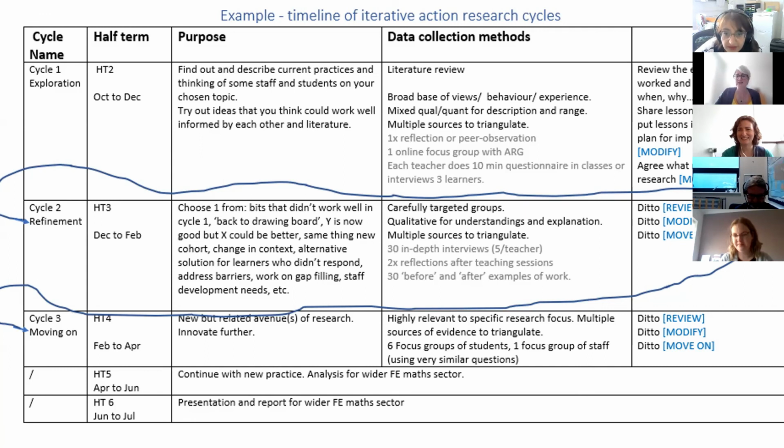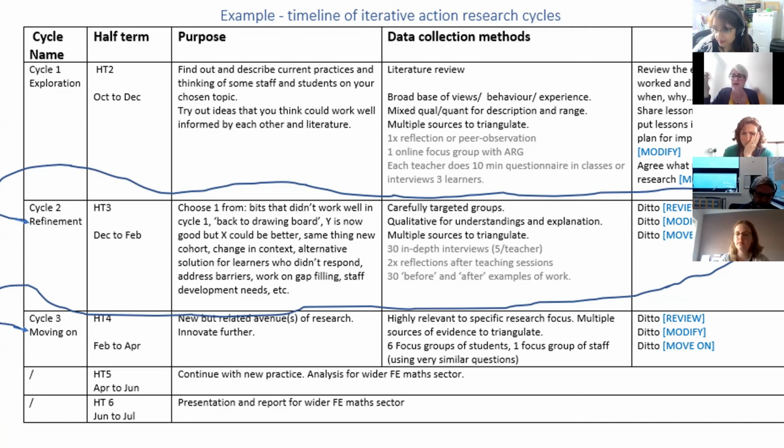Kath, just a quickie. As I was looking at it again, cycle 3, moving on, the data collection methods using very similar questions. Can you just unpick that tiny little bit? Yeah, sure. Okay. So that relates to, if you are asking students questions, you might want to ask the equivalent, the same topics or the same sorts of things to staff.